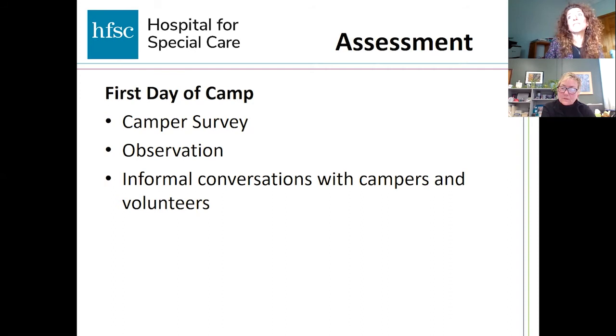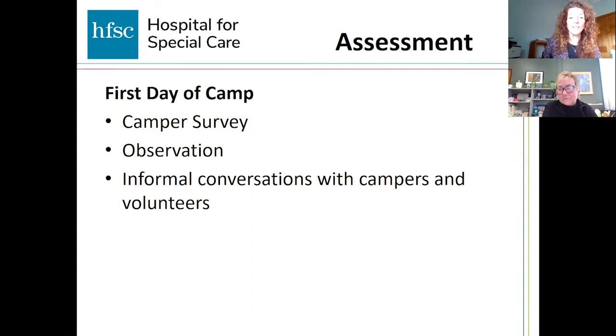Janet and I both felt that at this point, this camper no longer needed a volunteer, but then this information is brought to us and we may be having a discussion with that camper. Why do you think you need a volunteer? If they can make a good argument why they need one, then we definitely get them a volunteer. Sometimes they just need a good pep talk. Like, listen, you can do this.